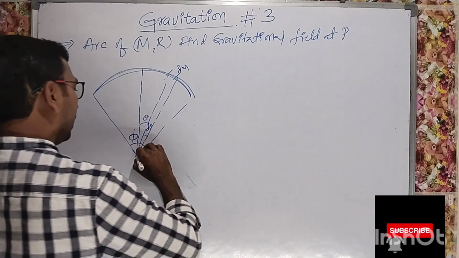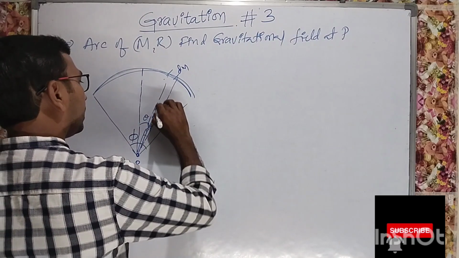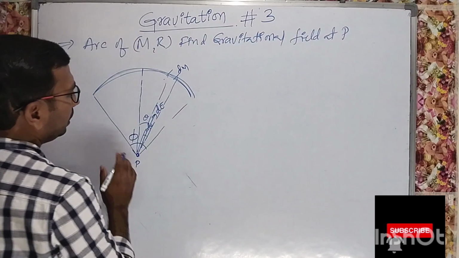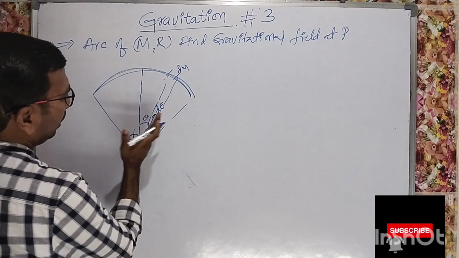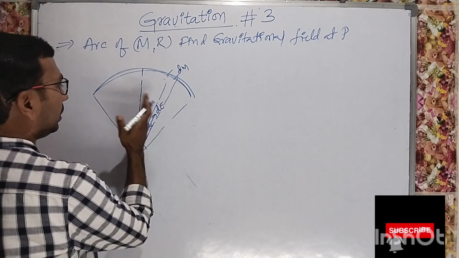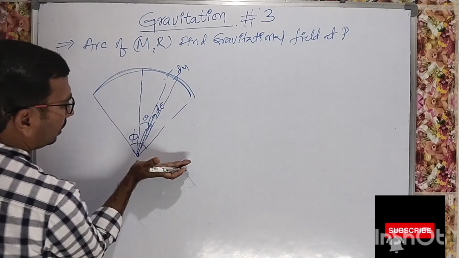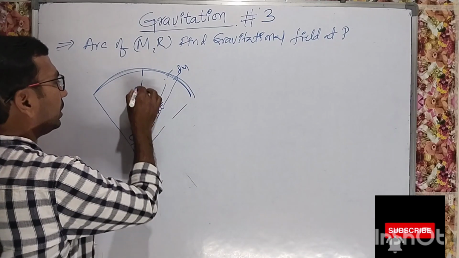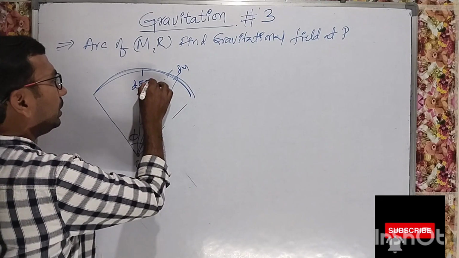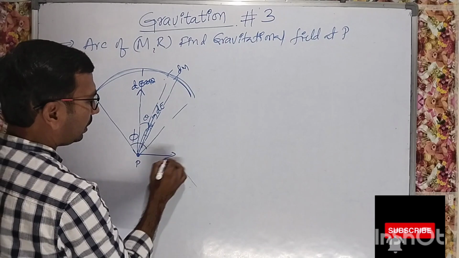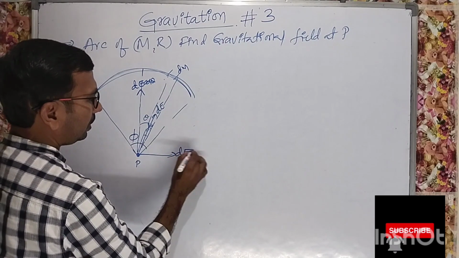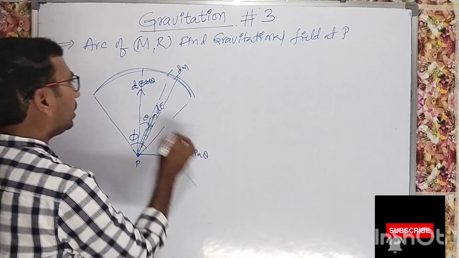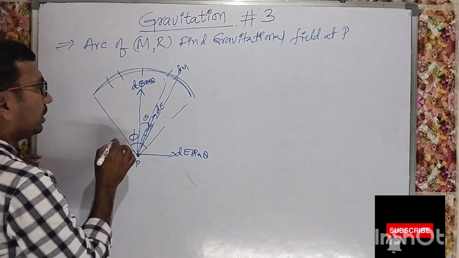So here gravitational field acts in this direction, that is small dE. The dE is resolved into two components, along the horizontal and along the vertical. Along the horizontal is dE cos theta, the other is dE sin theta. Similarly, I will consider this side also a small element dm.